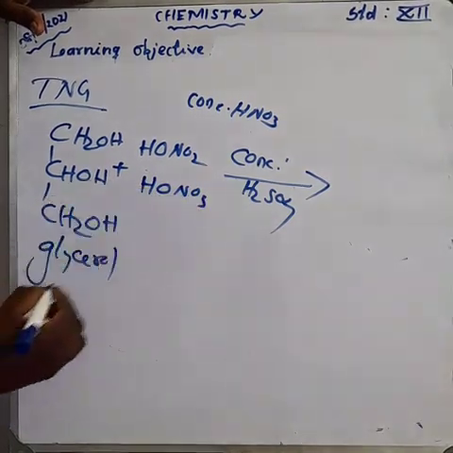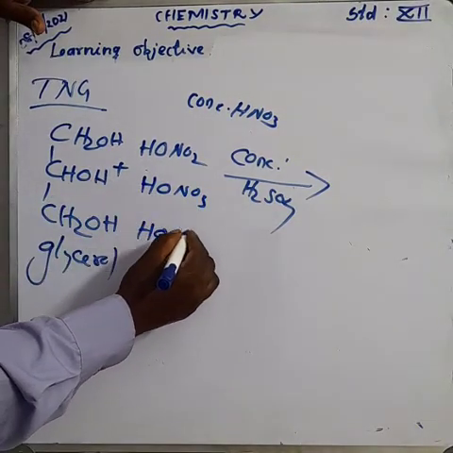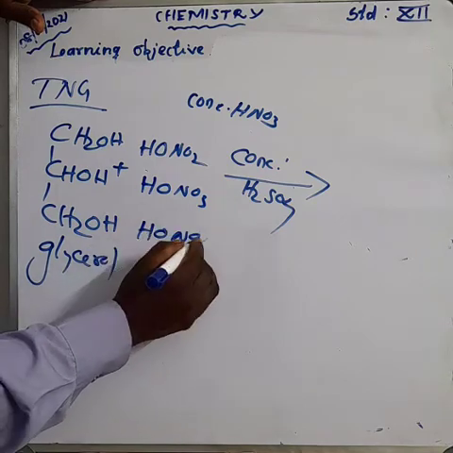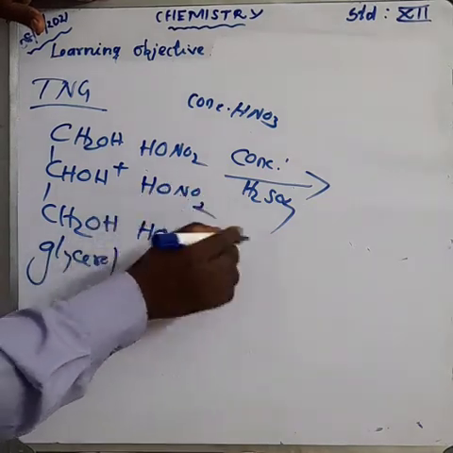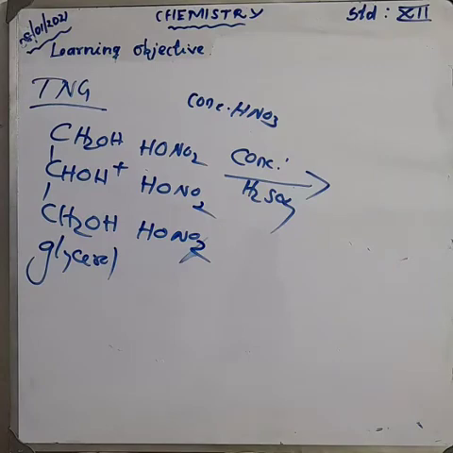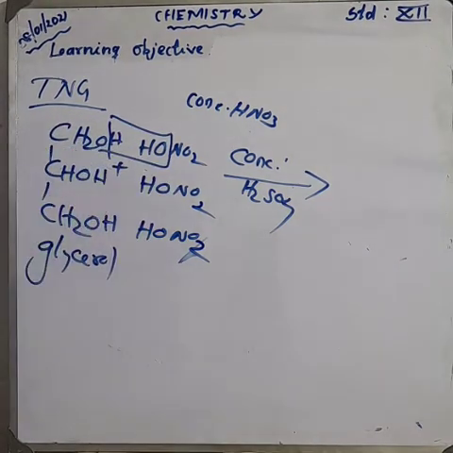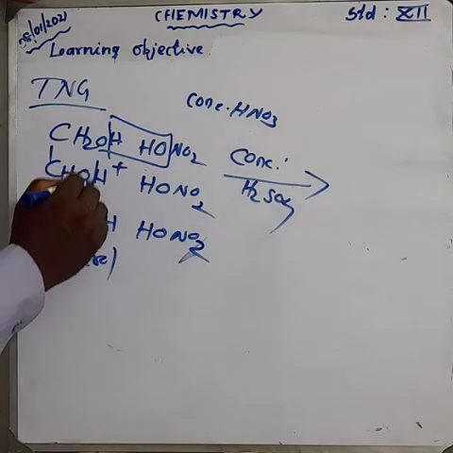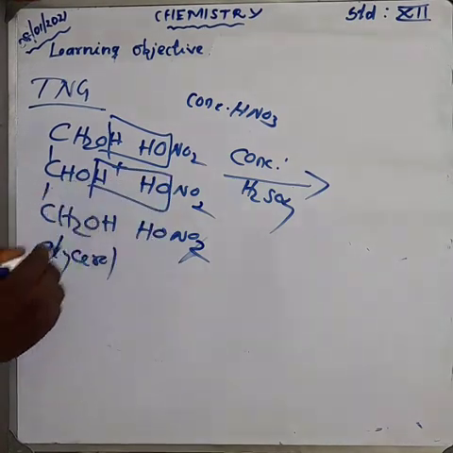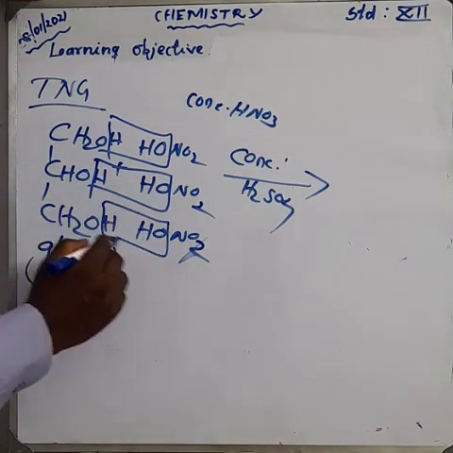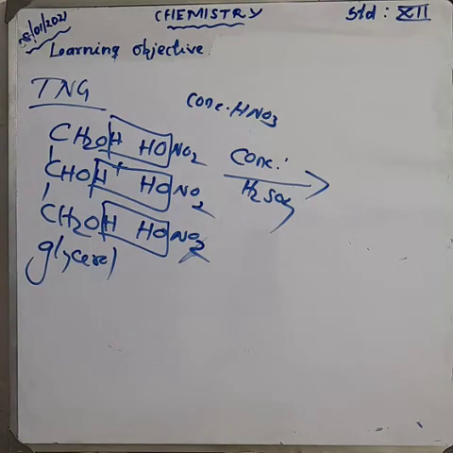We are taking 3 moles of HONO2. The hydrogen combines with OH to form water. Totally we get 3 moles of water.